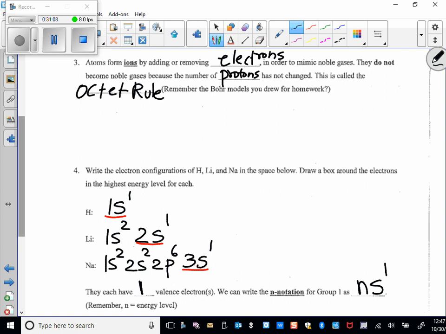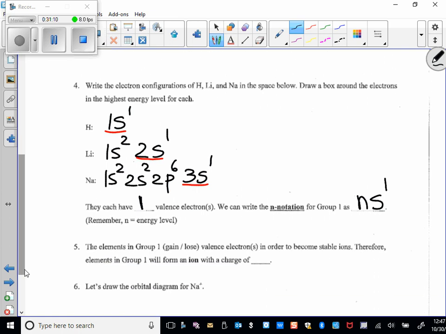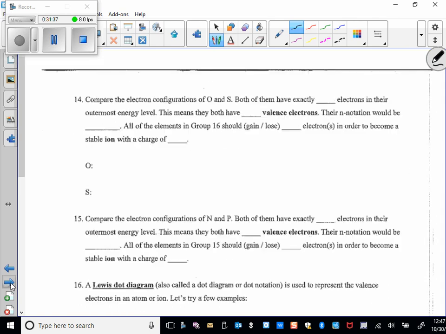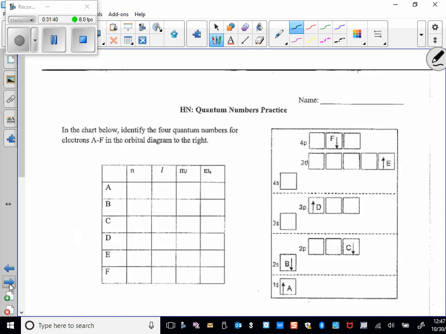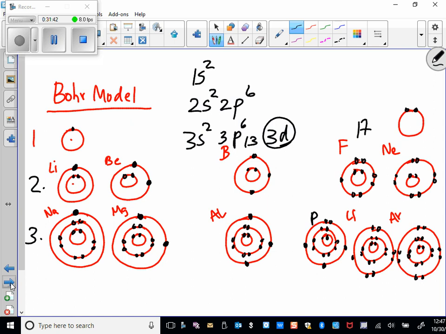So we can say in general it is ns1. Can I say that? Where n stands for the energy level, whether it's 1, 2, 3, 4, etc. Do we understand this? So now these elements in group 1 have only 1 in their outermost energy level. Is that correct? When do elements become stable? When they have how many in their outermost shell? 8. Now tell me, will it be easier for this group to lose 1 or gain 7?